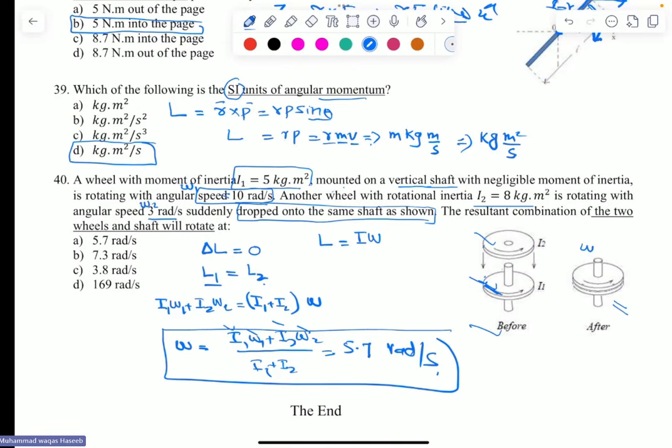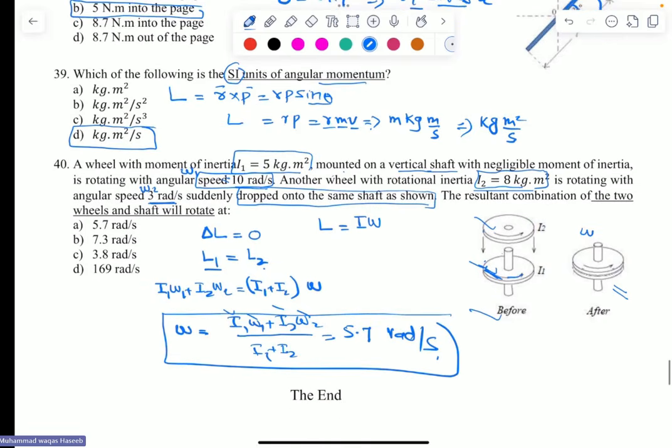Another wheel with moment of inertia I2 is rotating with this velocity. If you see this, they have the same direction. Then this wheel is dropped onto that shaft, and they combine and move with a constant, combined angular velocity.